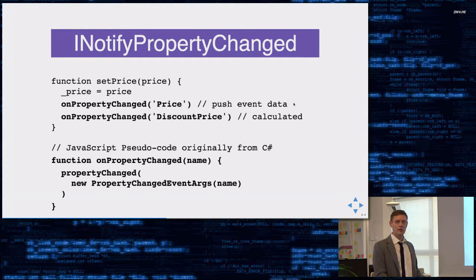In, I guess, the early 2000s with Microsoft Silverlight, WPF and stuff like that, you had INotifyPropertyChanged, where we set on property change to say that this property has updated. And we have some calculated property with no backing field, it's just calculated. And we say that this is also updated now.